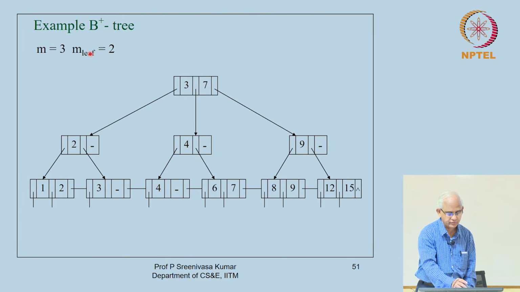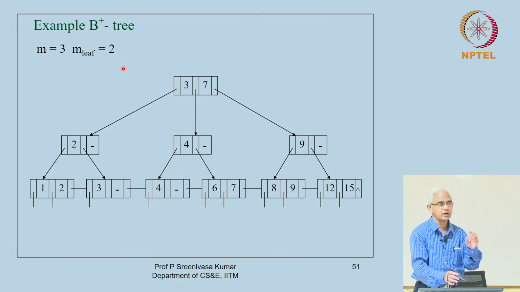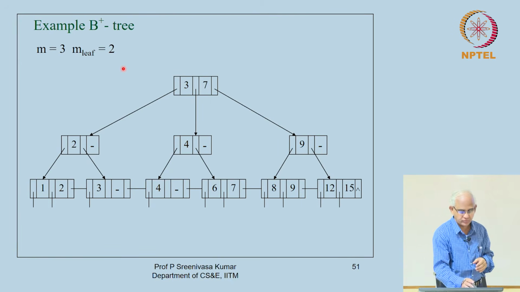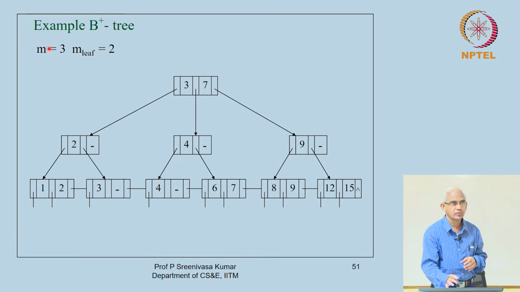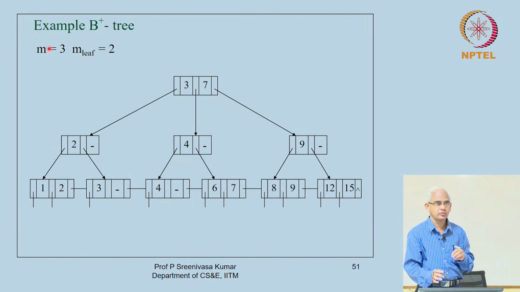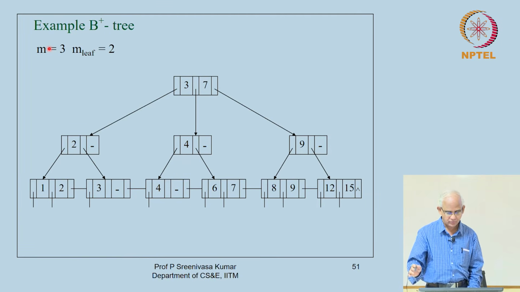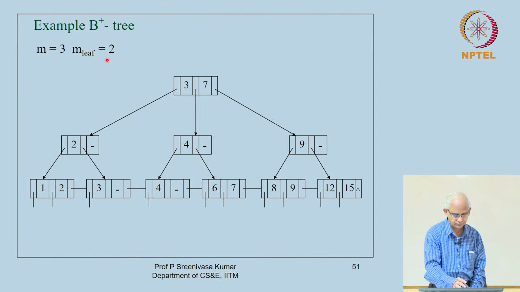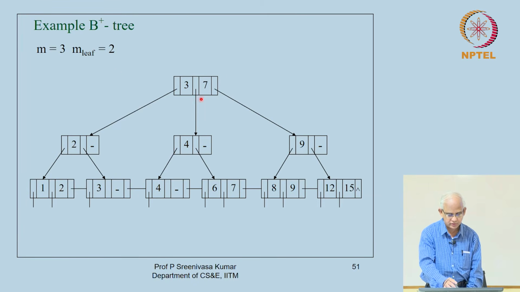So, let us take m leaf as 2, that means each leaf will have at most 2 record pointers, and m is 3, that means each internal node will have a maximum of 3 children and a minimum of 2 children, because m by 2 is 1.5, take ceiling. Okay, you can see that.